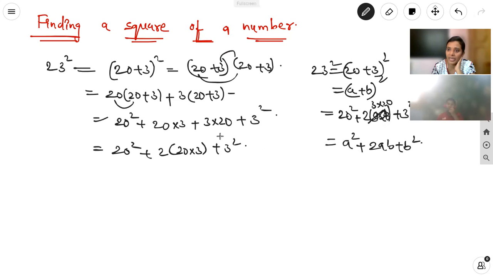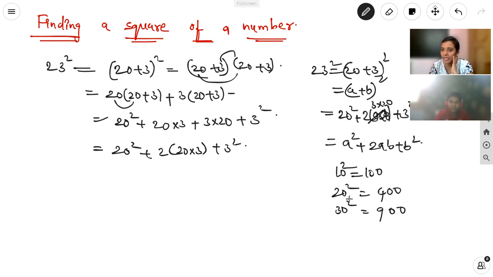Whatever number you take as the sum of two numbers, it is easy with tens: 10 tens are 100, so 10 square is 100; 20 square is 2 times 2 is 4 with two zeros; 30 square is 3 threes are 9 with two zeros. We know the zeros easily, and next we can get the pattern of 15, 25 and 35 like that. Why?